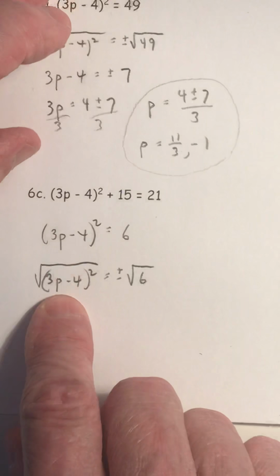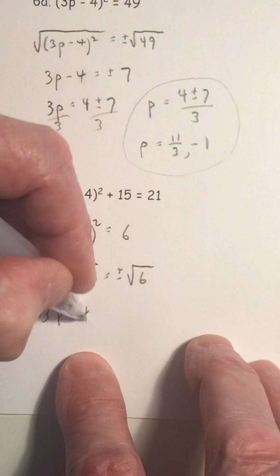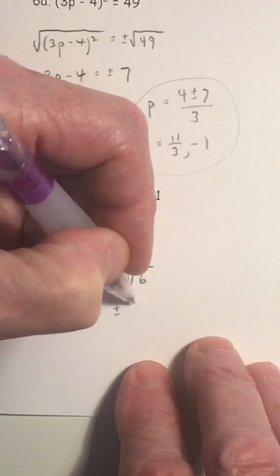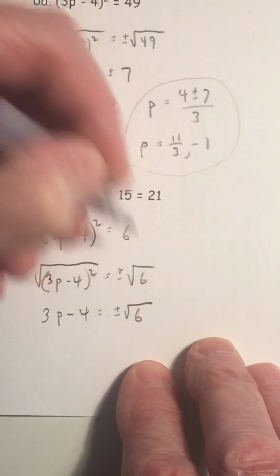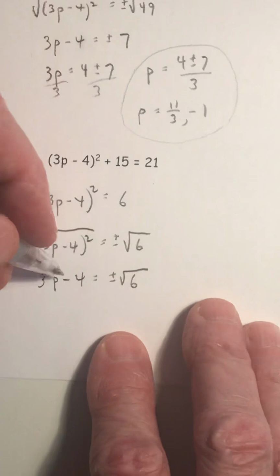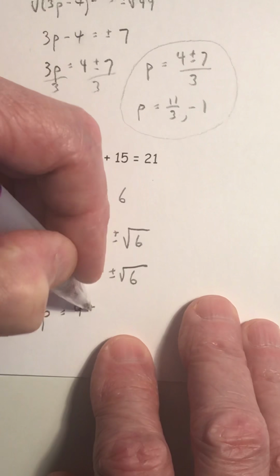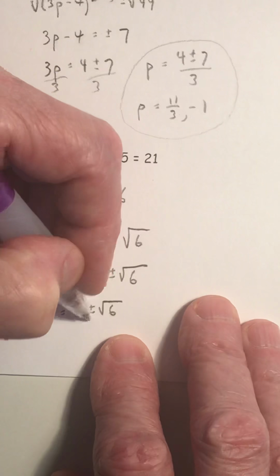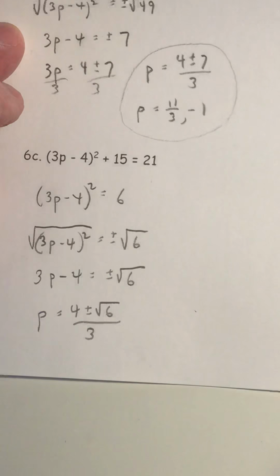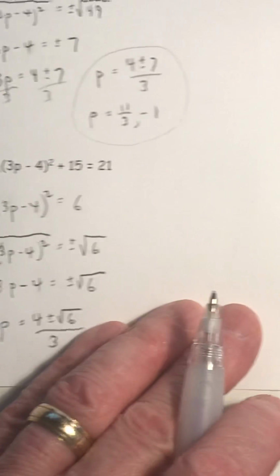Okay, on this side, we now have eliminated the parentheses. And on this side, we have another irrational number. Square root of 6 doesn't simplify or anything. So we're going to add 4 and then divide by 3. So we'll have p equals 4 plus or minus root 6 divided by 3. Okay. One more here and we'll be done with page 1.